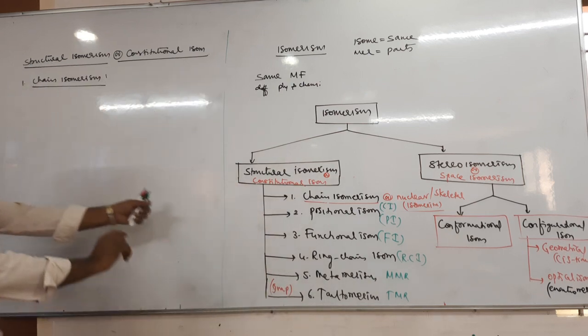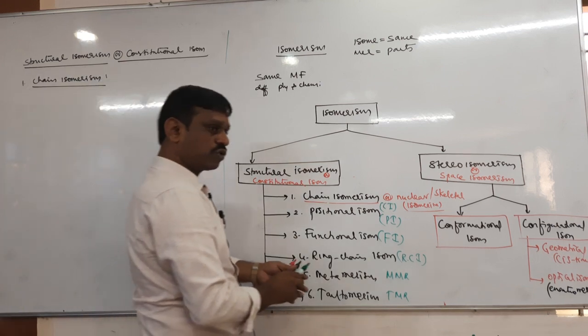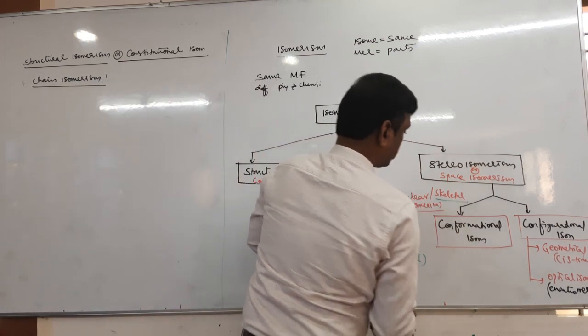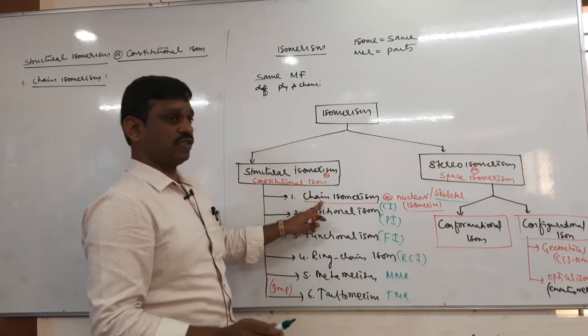Chain isomerism is also called skeletal isomerism, if a question is asked that way. Skeletal is not structural; skeletal means chain isomerism.